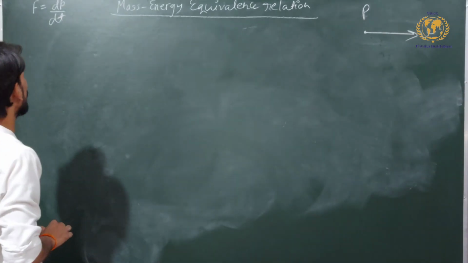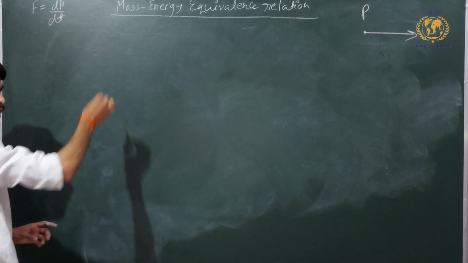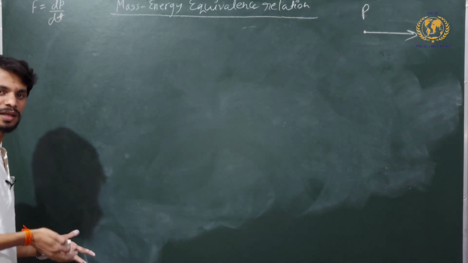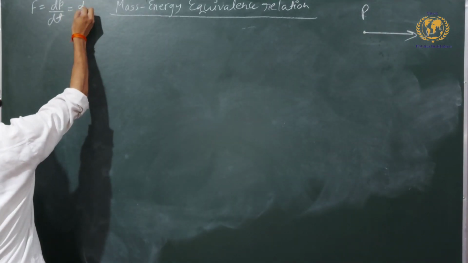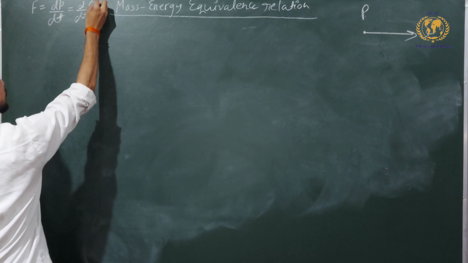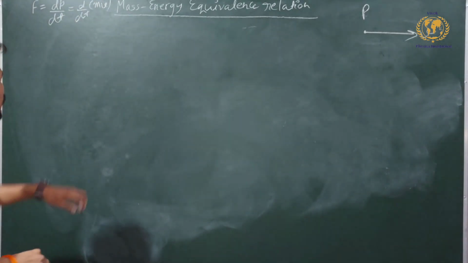Now you can easily see that p can be expressed as mv, because linear momentum is just the product of mass and velocity. So that will be d over dt of mv.